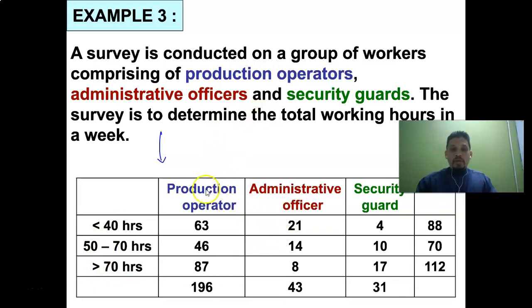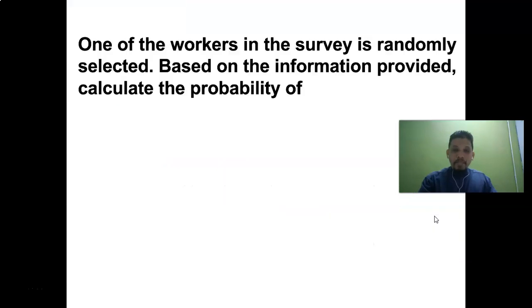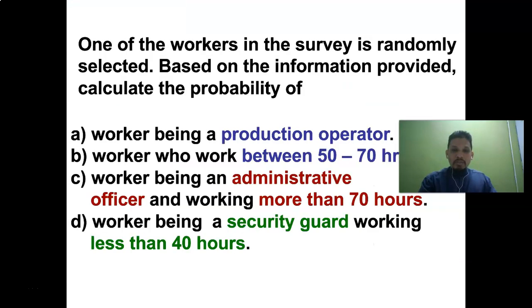So we define it in this table so we can see clearly. One of the surveyed workers is randomly selected. Calculate the probability of the following. These are all the questions for A, B, C, and D from the previous table.